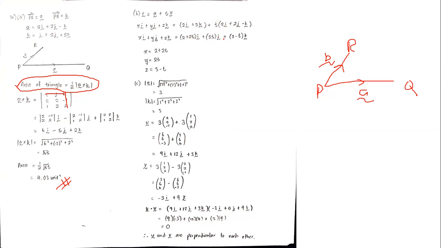So it's (2 plus 2t)i plus 2tj plus (3 minus t)k. So we get these equations, and the parametric equations come from comparing with i, j, k. So x equals 2 plus 2t, y equals 2t, and z equals 3 minus t. Okay, this is the parametric equation. This is the final answer.